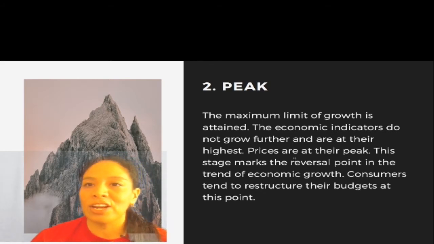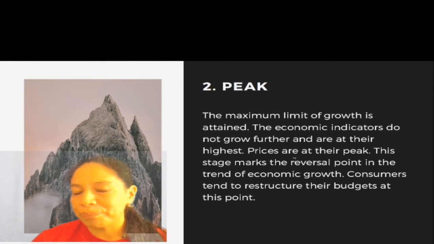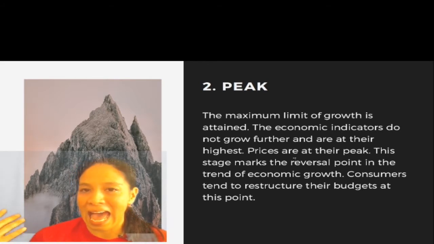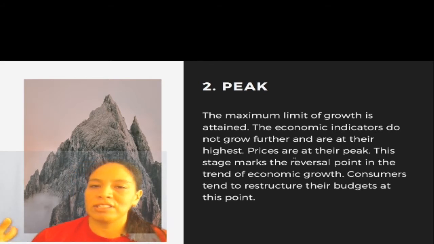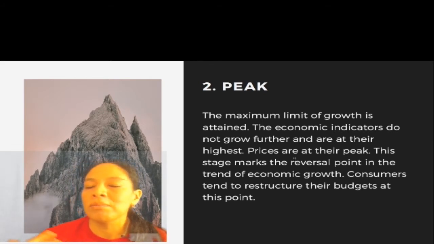That means there's a scarcity of goods and services that is going to drive the providers to produce more to meet the demand of the consumers, and that's going to give you your peak. The consumers are consuming at their highest, providers are producing at their highest, and so we're having all machines going at full speed. We cannot go higher than the peak, okay?